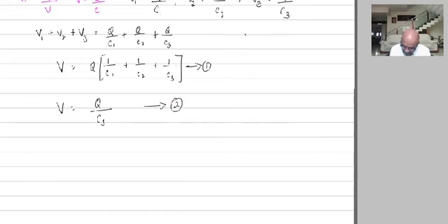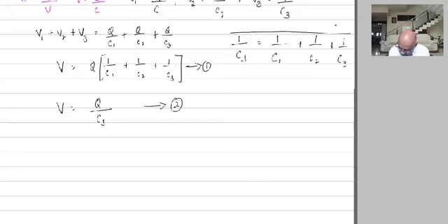If you compare equations 1 and 2, V and V go, Q and Q go, and what remains is 1 divided by Cs is equal to 1 divided by C1 plus 1 divided by C2 plus 1 divided by C3. So this is the equation that we have got: 1 by Cs is equal to 1 by C1 plus 1 by C2 plus 1 by C3.